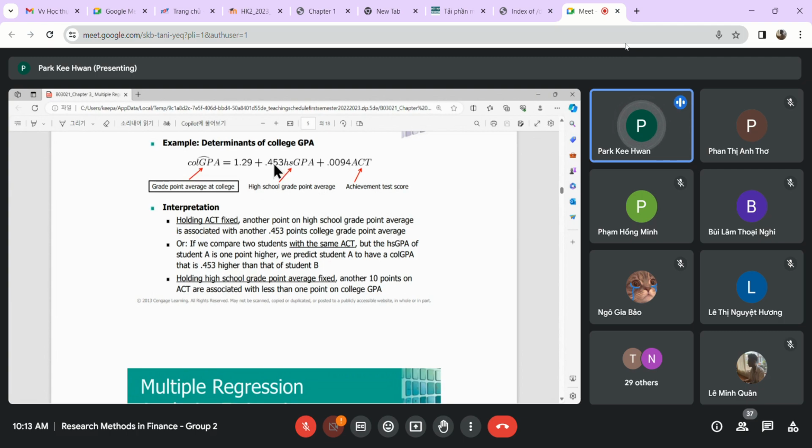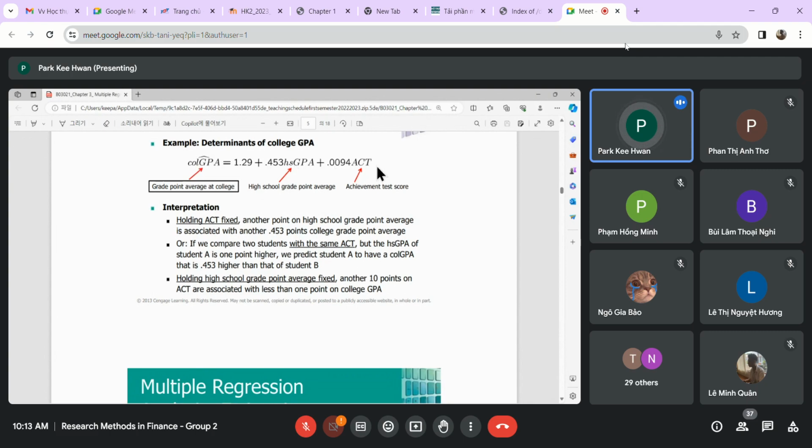So we only allow the high school GPA to change, but we hold SAT fixed. Then this coefficient tells you, when high school GPA goes up by 1 unit while holding other factors fixed, how much college GPA increases.